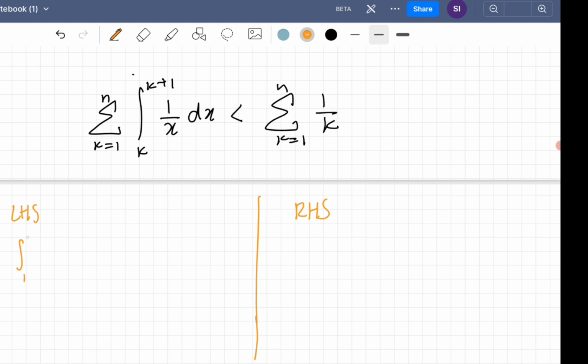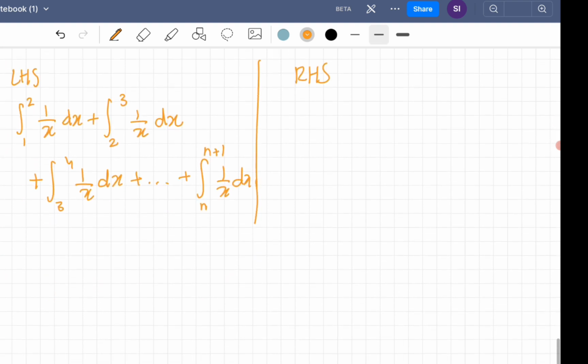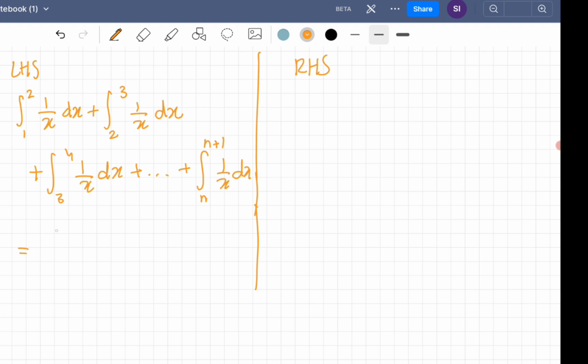So we get the integral from 1 to 2 of 1 over x dx, plus the integral from 2 to 3 of 1 over x dx, plus the integral from 3 to 4, my fault, of 1 over x dx, plus dot dot dot, replacing k with n, so we get the integral from n to n plus 1 of 1 over x dx. This is simply equal to the integral from 1 to n plus 1 of 1 over x dx.